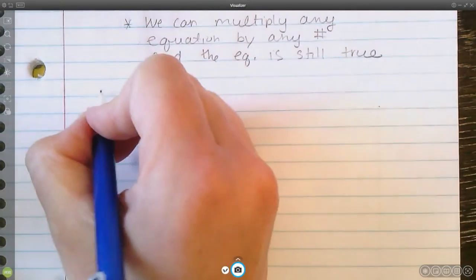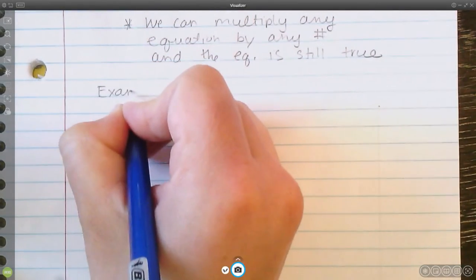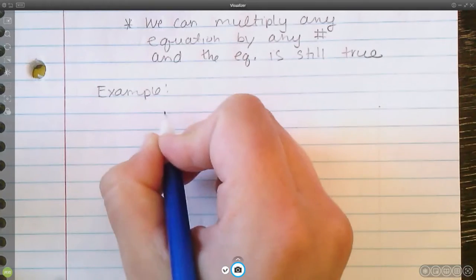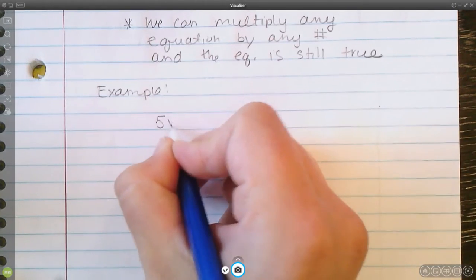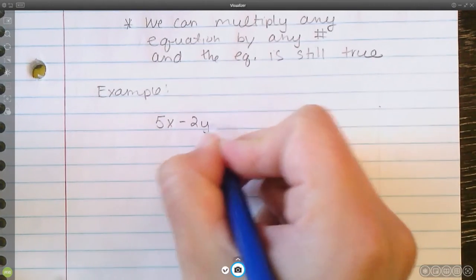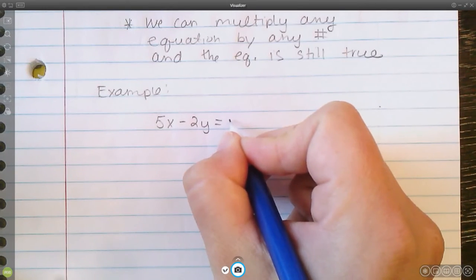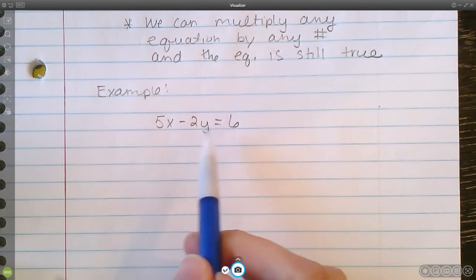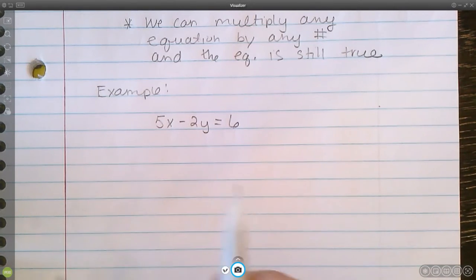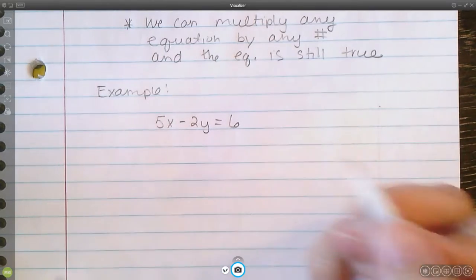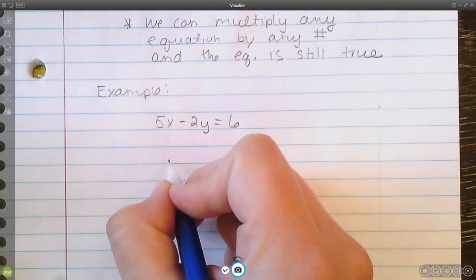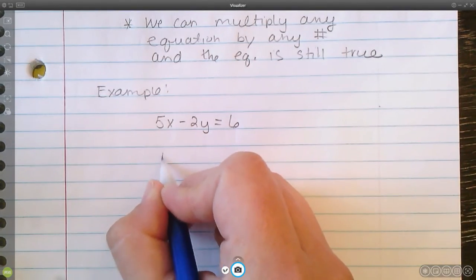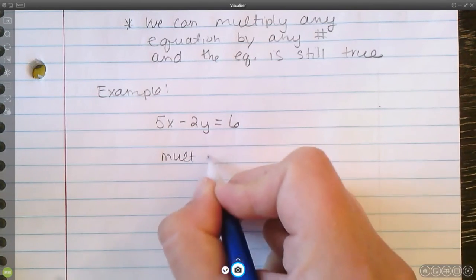Okay, so let's look at an example. Let's say we have 5x minus 2y equals 6. As long as I multiply both sides by the same number, the new equation is going to be true. So let's multiply it by 3.